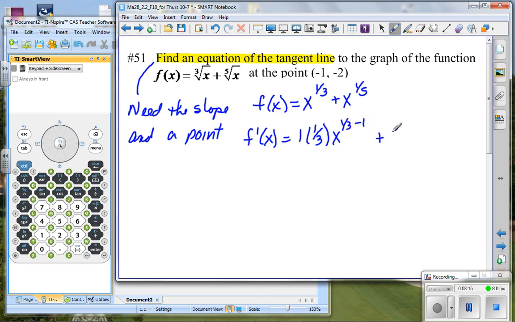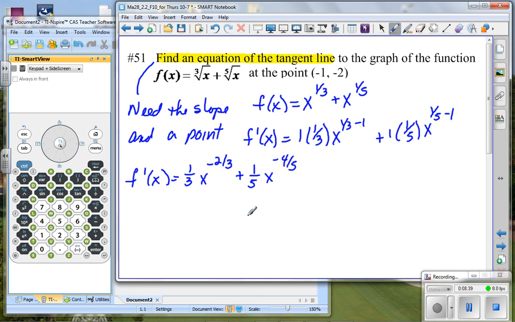Plus, the same thing over here. Leading coefficient is 1 times the exponent, 1/5, and subtract 1 from the exponent. So our derivative is 1/3 x to the negative 2/3 plus 1/5 x to the negative 4/5.